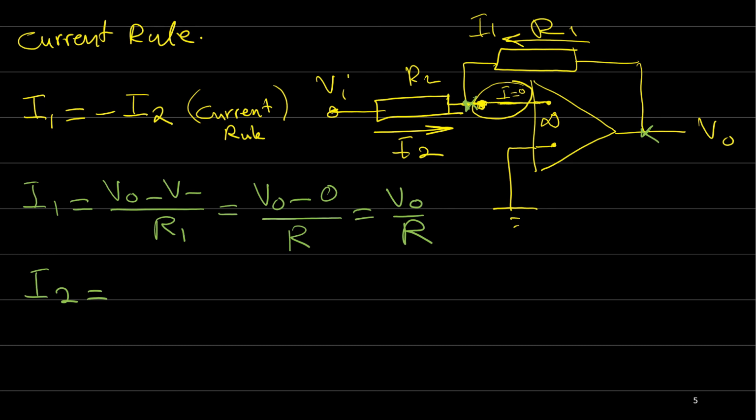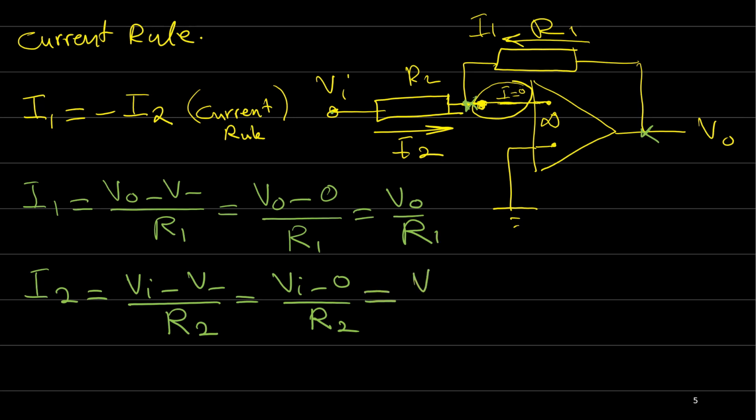V input minus V minus over R2, so this will be V input minus 0 over R2, which is V input over R2.